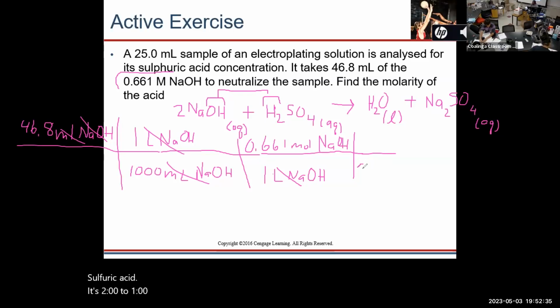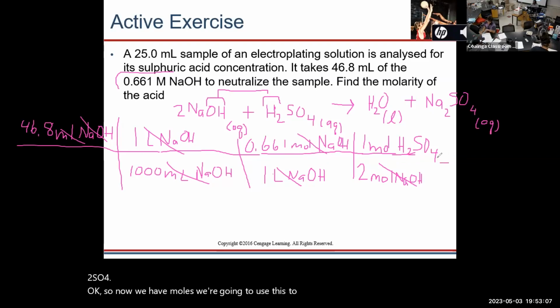So for every 2 moles of NaOH, we have 1 mole of H2SO4. Okay, so now we have moles.